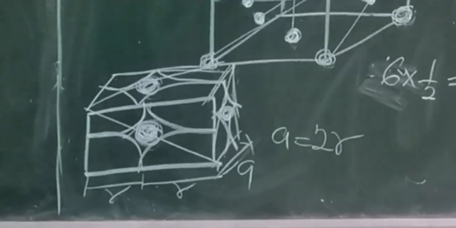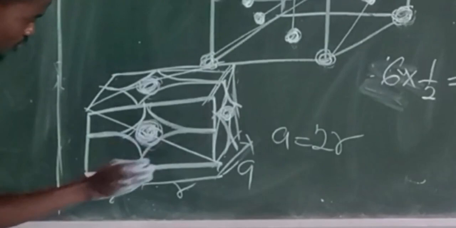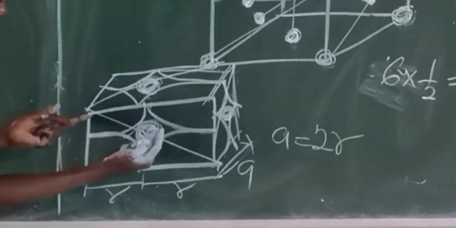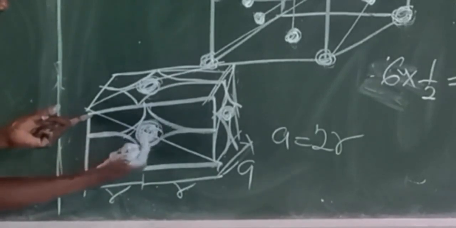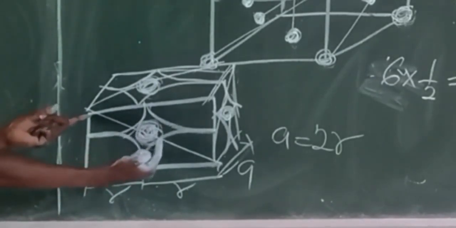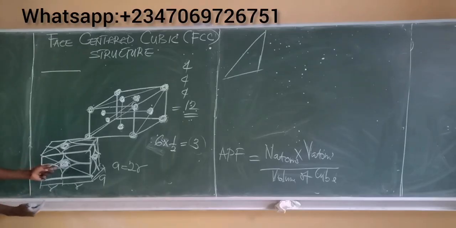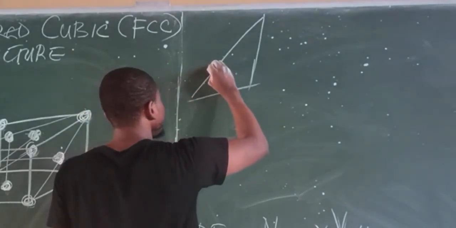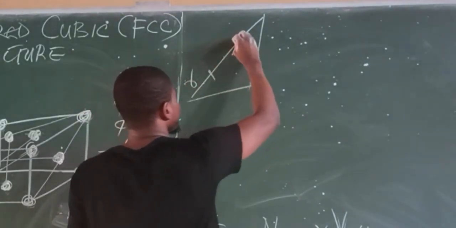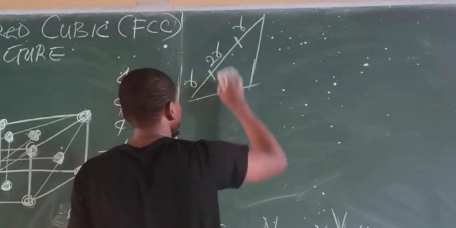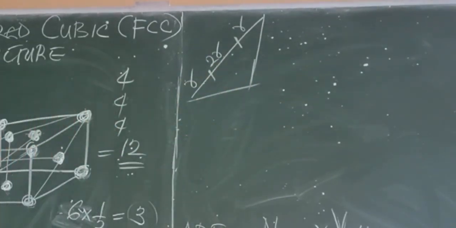But then if you have split this into two, notice that this corner atom has a radius, but this particular central atom has been divided into two, which means it has a diameter and not a radius. And diameter is simply what? 2 radius. So on this face, we have a radius here, and a radius here, while this becomes the sum of two radii, which is now the diameter.